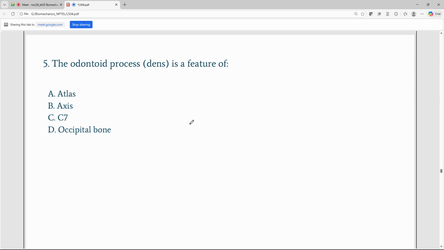Next question. The odontoid process, also called dens, is a feature of which of the following?